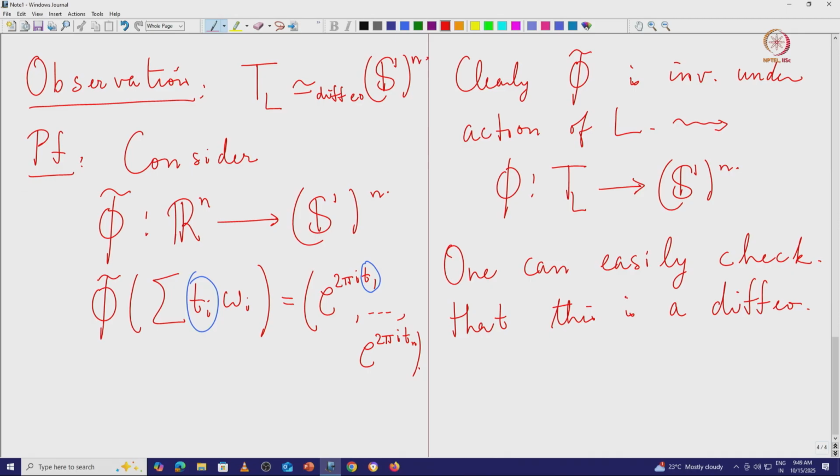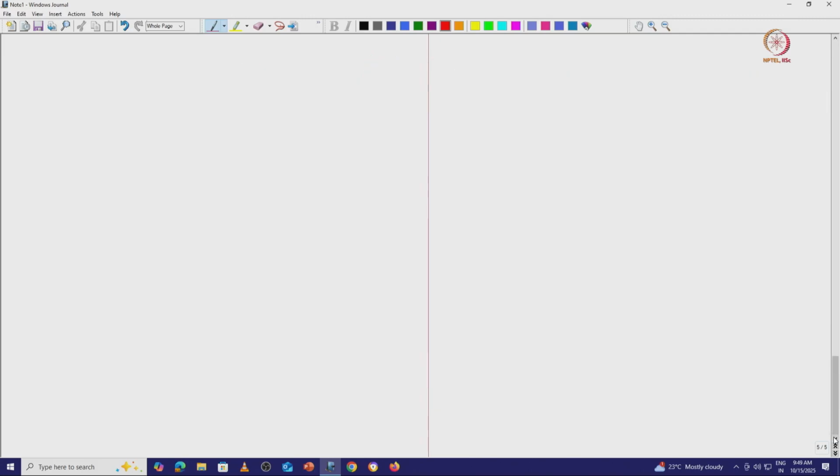So our goal, okay, we do this in the following way. So again, let me write that as an observation. If you look at the Euclidean metric, this is translation invariant.